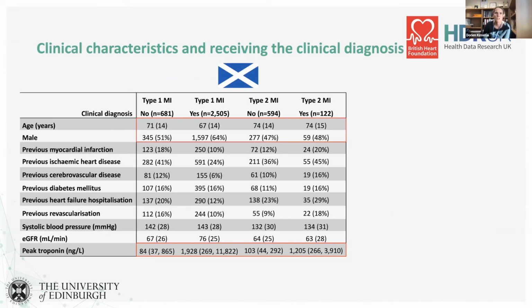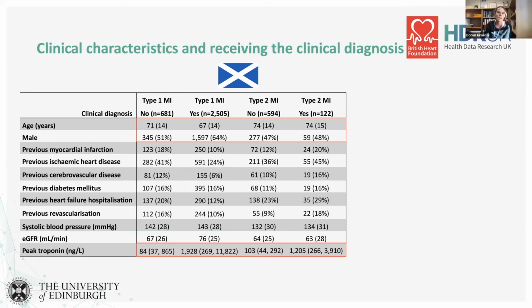So when you look at those who have not been identified as compared to those who have, what I found interesting in the Scottish data is that when you have a type 1 MI, those patients are younger as compared to those type 1 MI patients who are not having a clinical diagnosis.